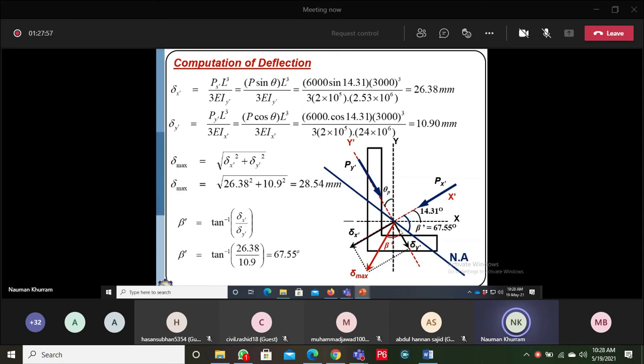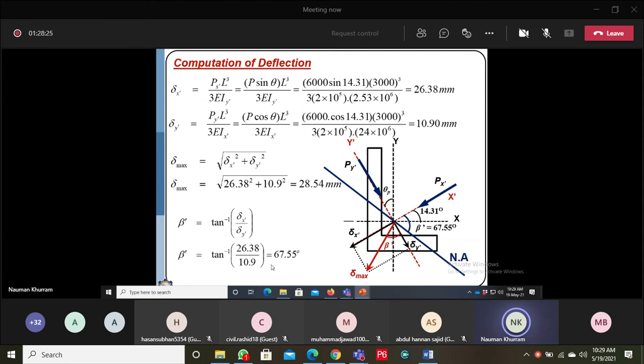If the angle is given from the y principal axis, then this component will be the base, and this will be the perpendicular, which is equal to delta x bar. So tangent beta bar will be equal to perpendicular over base, which is delta x bar over delta y bar. So beta bar will be equal to tangent inverse of delta x bar over delta y bar.